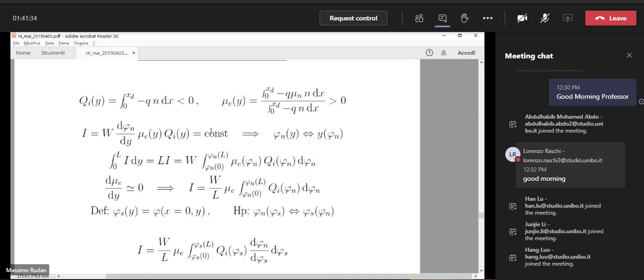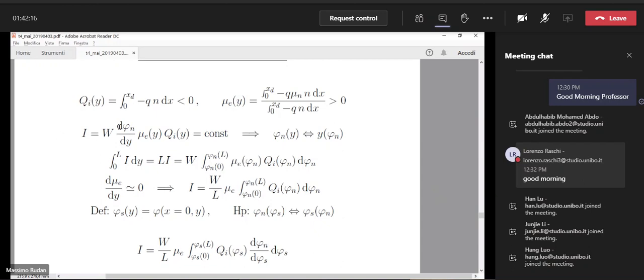That means that from the function phi n of y, whatever it is, we don't know it yet, we can extract the inverse function y of phi n. Assume that we did it. So that means that the y in the mobility and the y here can be replaced with the function of phi n. But if we do so, the conclusion is that this equation is a separable equation.